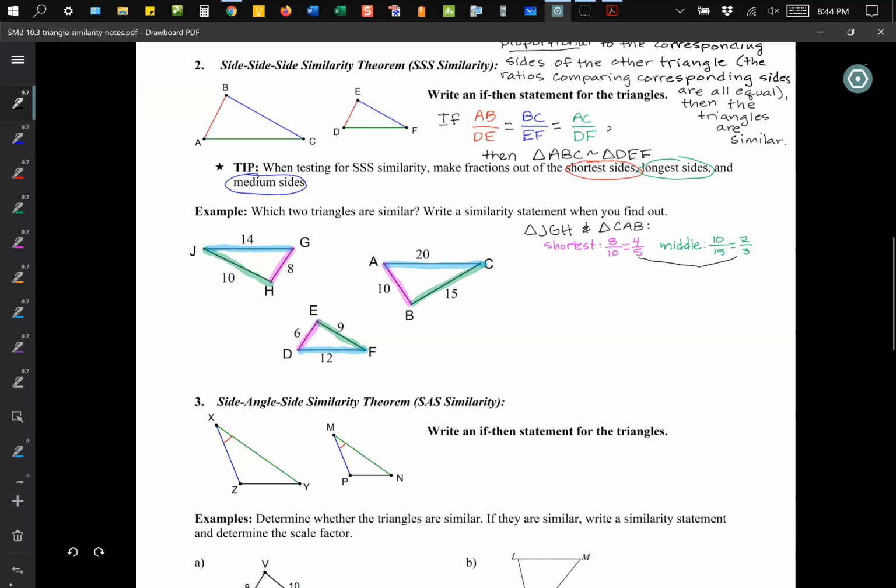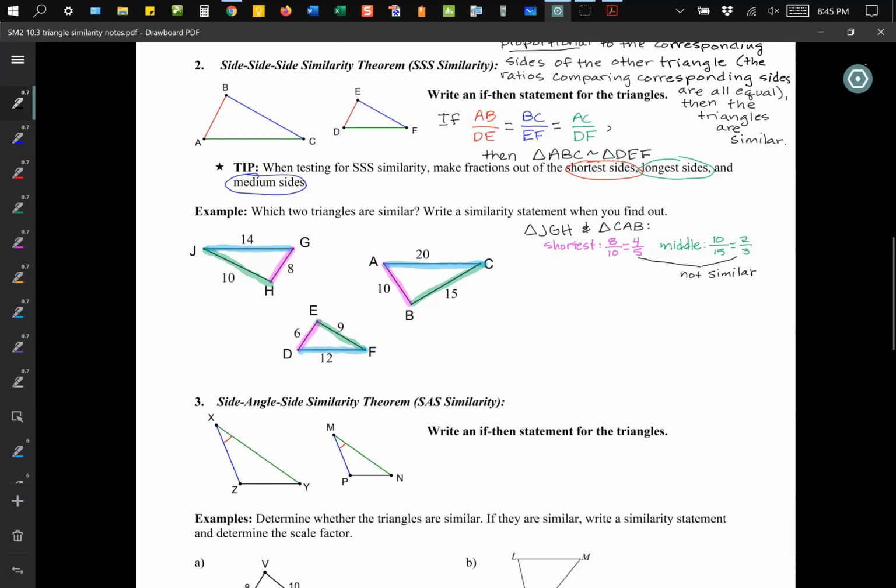So if these are different, then the triangles are not similar. Okay, so these two triangles are not similar because 8/10 and 10/15 are not the same thing. So let's try a different pair of triangles.